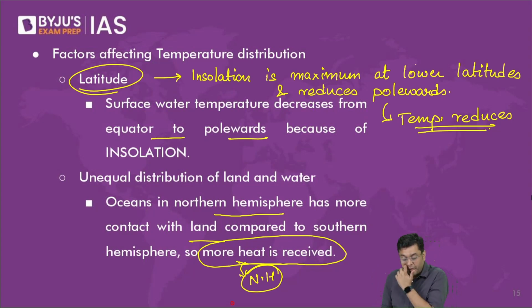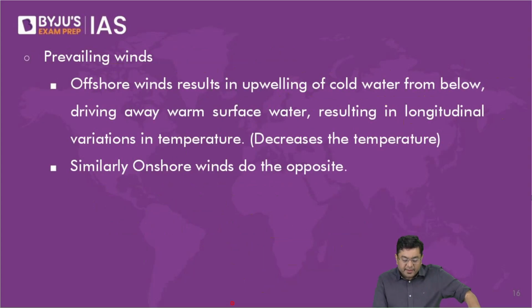That is where more heat is received in the northern hemisphere as compared to the southern hemisphere. Why? Because the northern hemisphere is dominated by land mass, so the land will get heated very quickly and much more intensively. As the land gets heated up, it will extend that heat further.